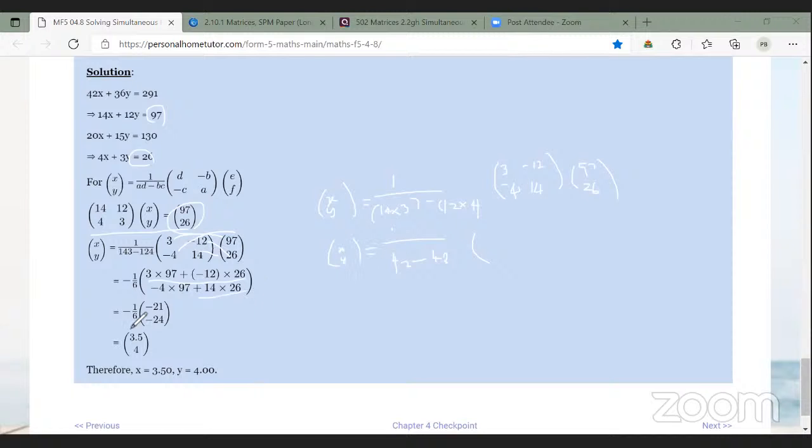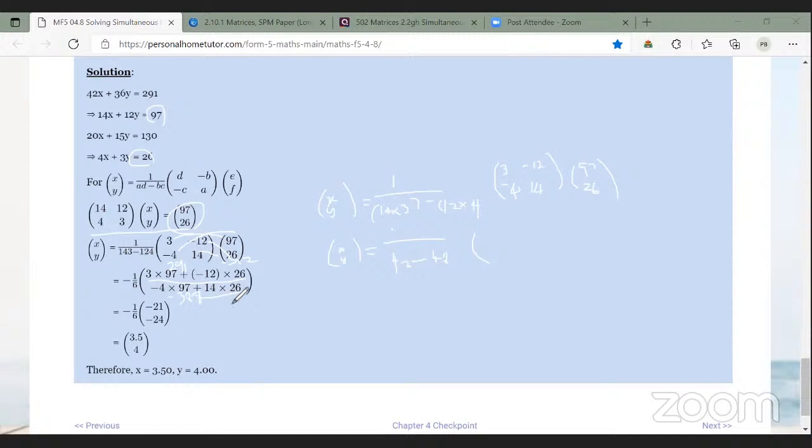So if we copy that down, then 3 times 97, you would get 291. And then negative 12 times 26, you would get negative 312. Negative 4 times 97, you would get negative 388.